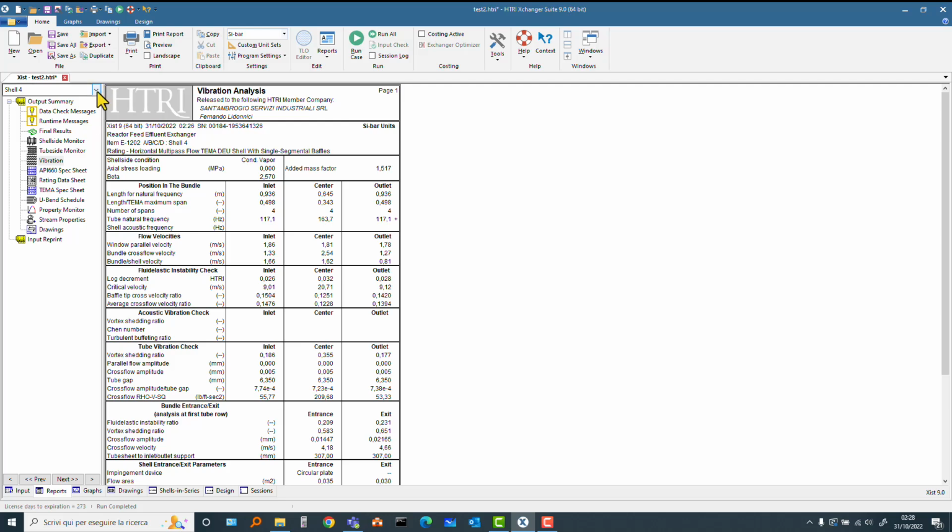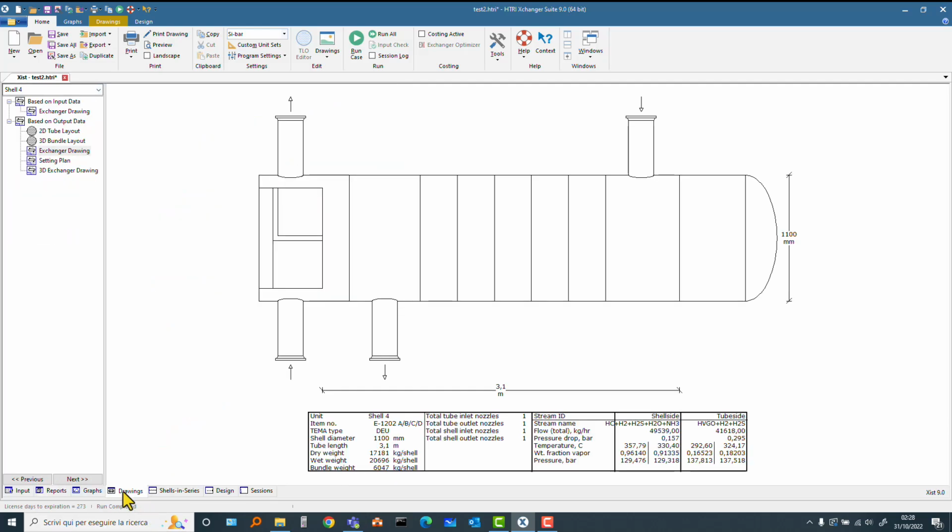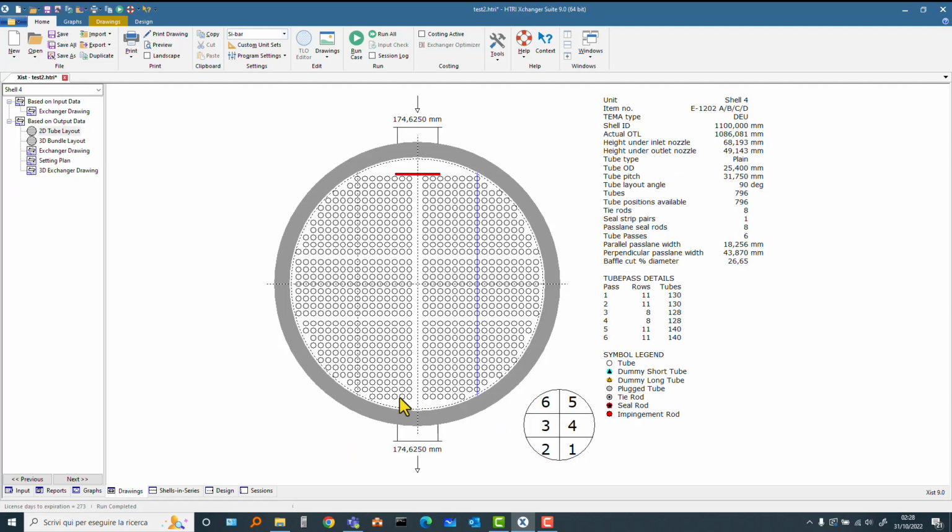One more note, let's look again at this tube sheet layout. Tube layout, 2D tube layout. Note that with the vertical cut there is also a further advantage. It avoids the possible bypass through this large lane, which is due to the bend radius of the inner tube rows.